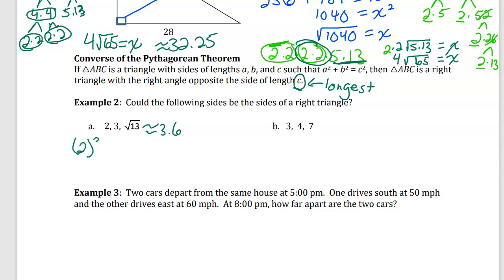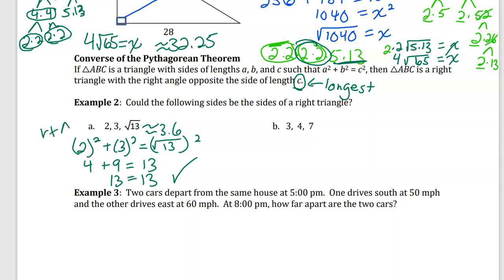So I look at 2 squared plus 3 squared equals the square root of 13 squared. 2 squared is 4. 3 squared is 9. Square root of 13 squared becomes 13. 9 plus 4 is 13. That does equal 13. This is a right triangle.